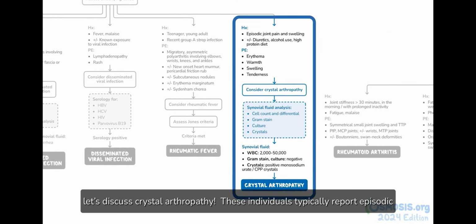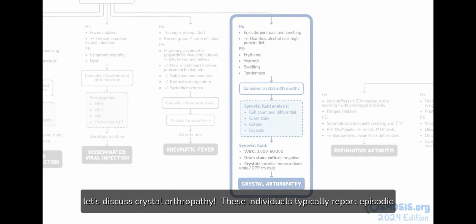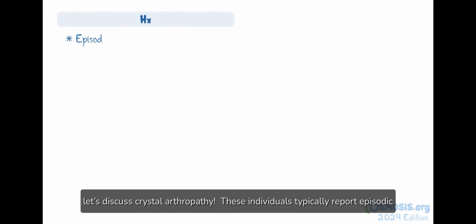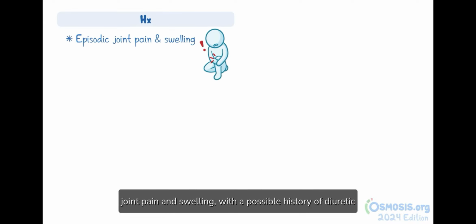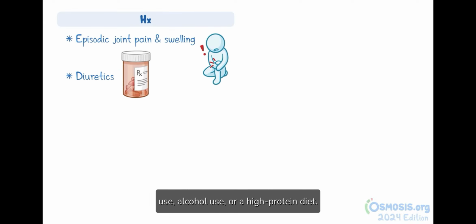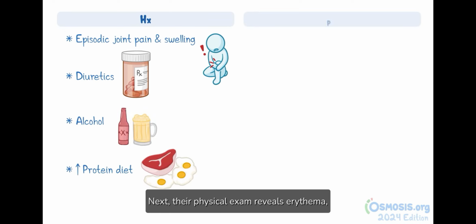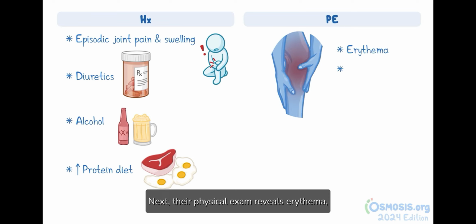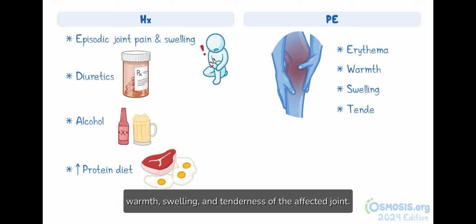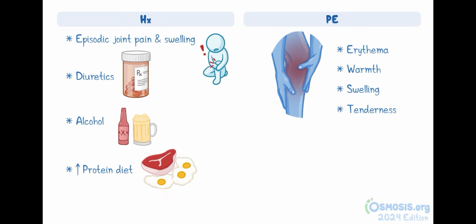Finally, let's discuss crystal arthropathy. These individuals typically report episodic joint pain and swelling, with a possible history of diuretic use, alcohol use, or a high-protein diet. Next, their physical exam reveals erythema, warmth, swelling, and tenderness of the affected joint.